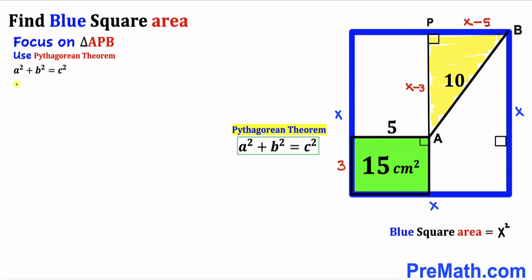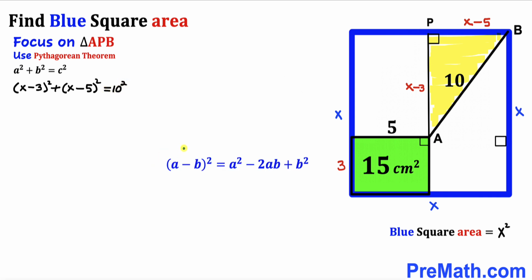So let's go ahead and fill in the blanks in this Pythagorean formula. So we got x minus 3 whole square plus x minus 5 whole square equals 10 square. Now let's recall this famous identity: a minus b whole square could be written as a square minus 2ab plus b square.